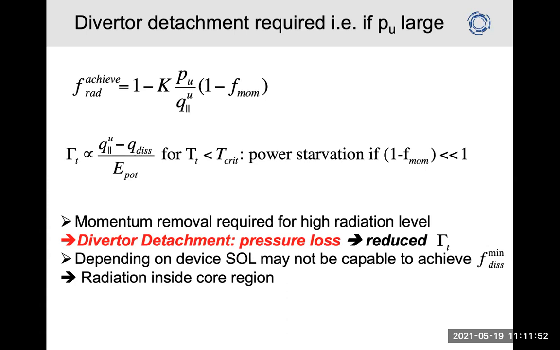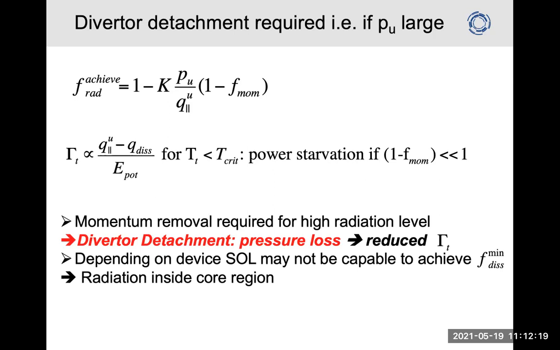Often in the literature, detachment has been used just when the power is reduced. But this is true for an operating device nowadays. For a future device like ITER and DEMO, the reduction of power is not achievable without loss of pressure, for all the reasons that I've just explained.